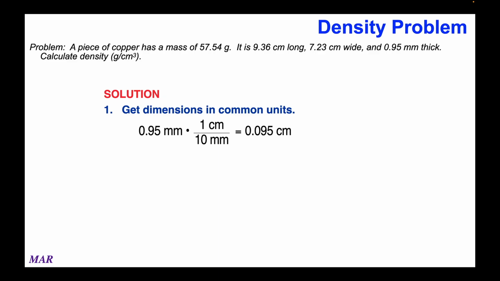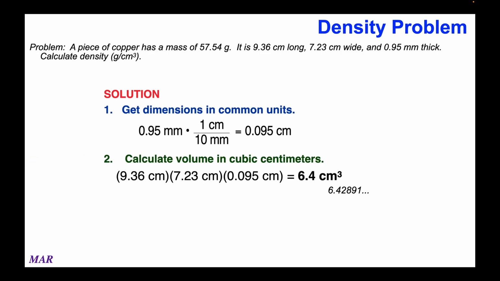And earlier, I showed that there were 10 millimeters per centimeter, so 0.95 millimeters would be 0.095 centimeters. And now that we have that unit in centimeters, we can multiply those 3 centimeter values by each other. So length times width times height, essentially. They have to all be the same unit, though, because we want centimeters cubed out of it.